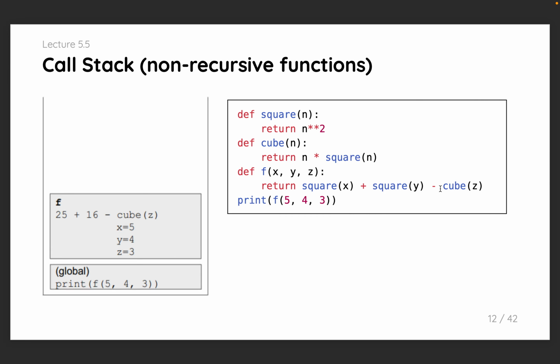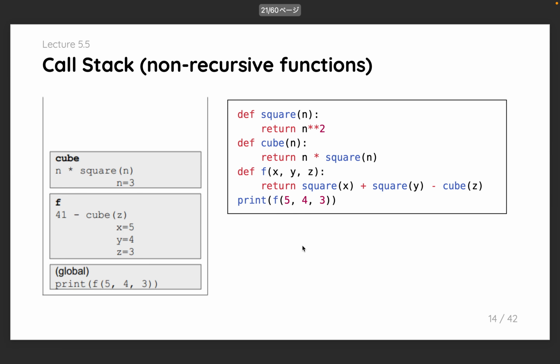If we continue this, the next function call that we make is cube. So the next plate we put on here, we simplify the 25 plus 16 first, then put on the cube plate, whose input is n equal to 3. Here, the way we implement cube of n is by making an additional call to the square function.